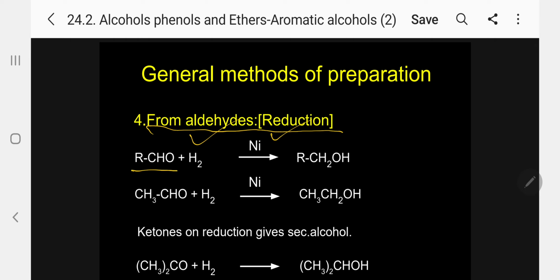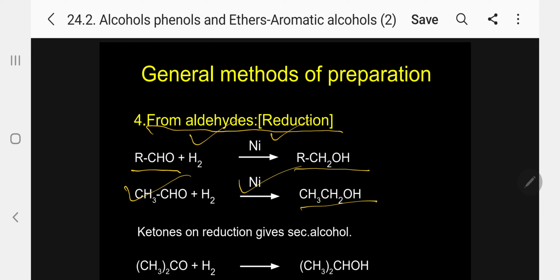Any aldehyde, general formula RCHO, is converted into RCH2OH, a primary alcohol. Acetaldehyde undergoes reduction in presence of hydrogen and nickel to give ethyl alcohol. Any aldehyde gives the corresponding alcohol: formaldehyde gives methanol, acetaldehyde gives ethanol, propanaldehyde gives propyl alcohol, like that.